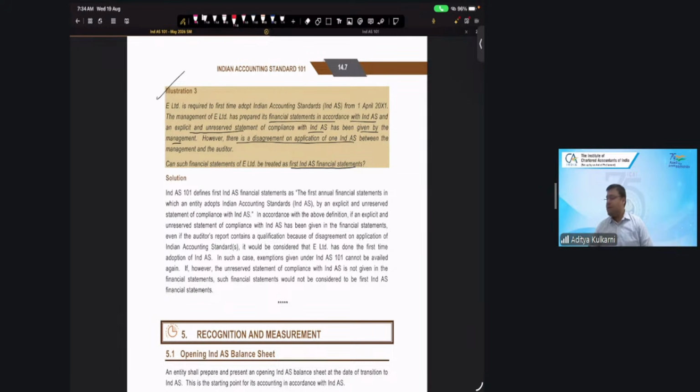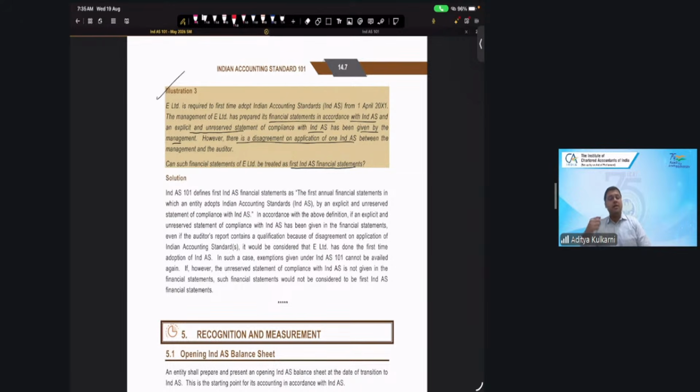No. Auditor has a disagreement, so auditor has a place to express that disagreement. That place is in his audit report. The financial statements are the responsibility of the management. The management says it has complied, gives an unreserved statement of compliance, prepared the balance sheet. It will be the first Ind AS financial statements, notwithstanding the fact that the auditor has some reservation.